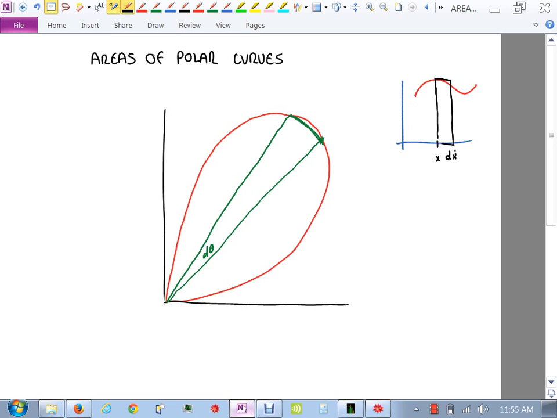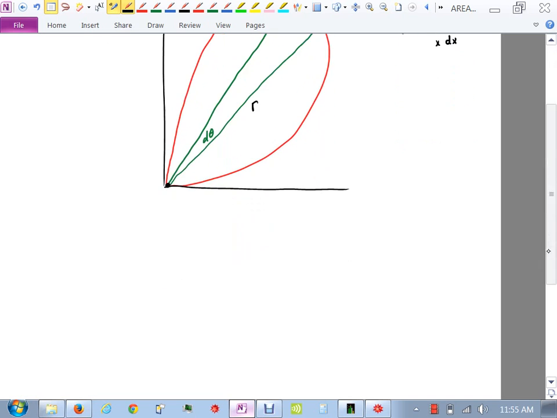What's the area of the green? Well, r is the radius from here to the edge. That's r. So I really just need to make sure everyone here understands the formula for this. If you have a radius and some angle, this is r, and this is, I'll call it d theta still. The area of this is what? If you go back to pre-cal, you were taught, hopefully, a formula for the area of a sector.